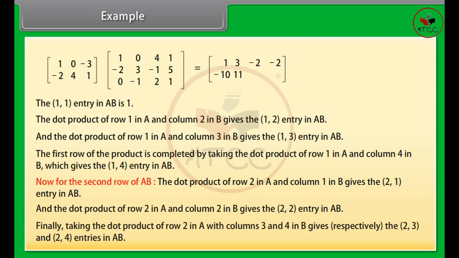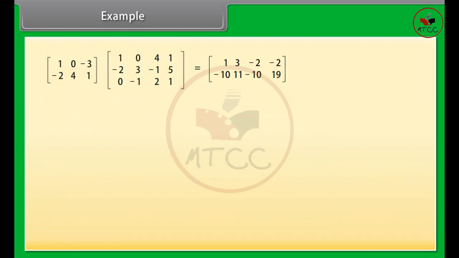Finally, taking the dot product of row 2 in A with columns 3 and 4 in B gives the 2, 3 and 2, 4 entries in AB respectively. Therefore, AB can be written as the matrix, row-wise: first row 1, 3, -2, -2; second row -10, 11, -10, 19.